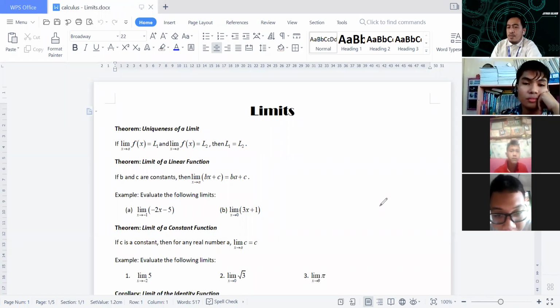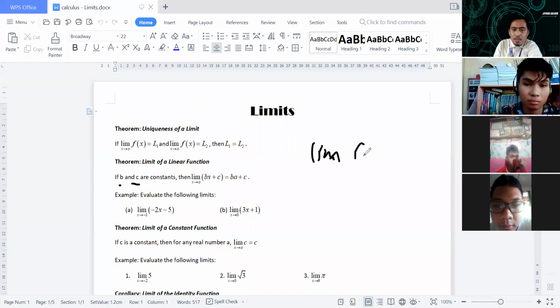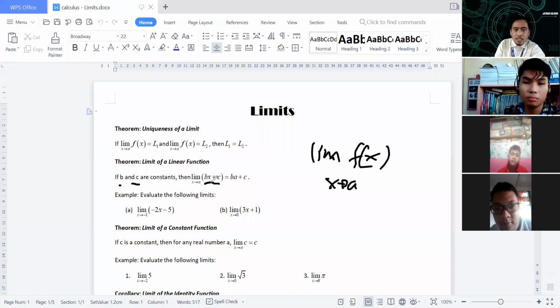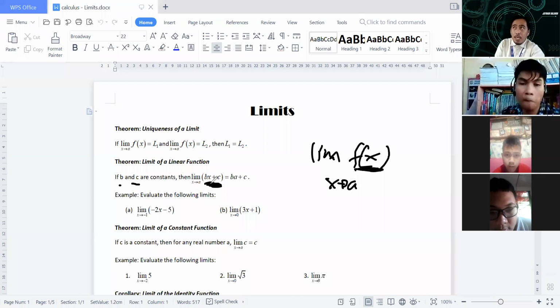Limit of a linear function. If you have a function, say the limit of f of x as x approaches a, where b and c here are real numbers, say your f of x is given by bx plus c.